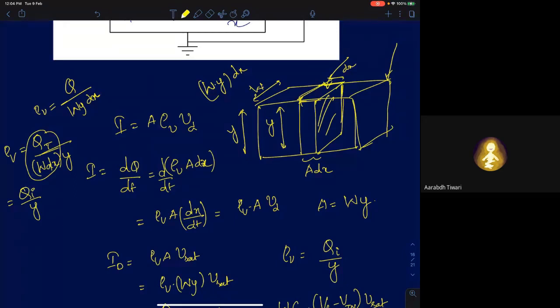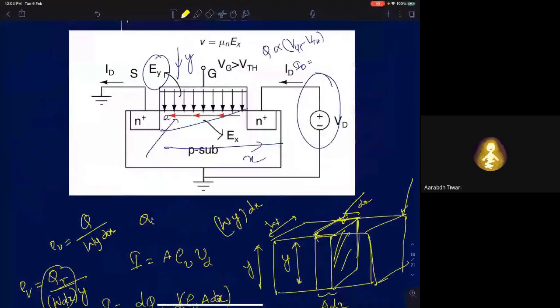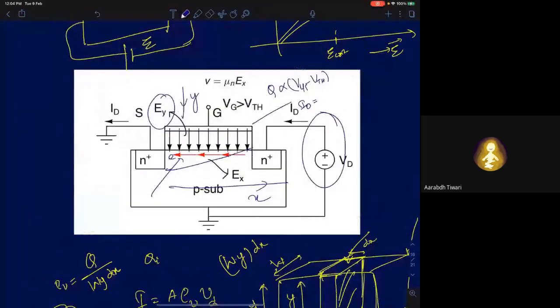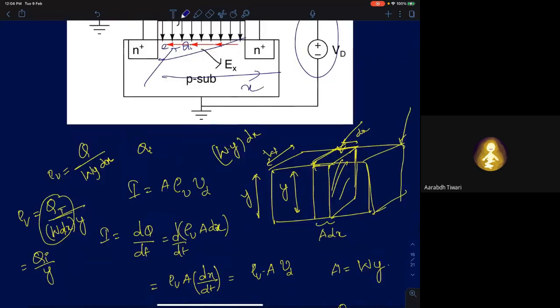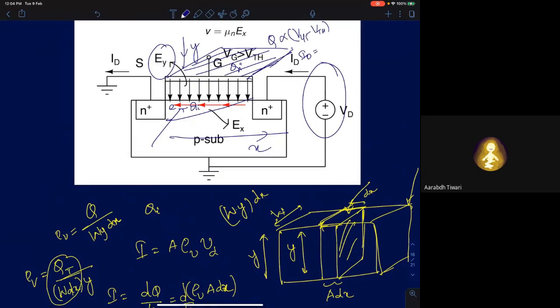Now what is the surface charge? When I write Qi, I am referring to the surface charge. Keep in mind, this is your gate voltage. Whatever charge Qi is present here, you will have minus of Qi present in this region. To get the surface charge, that will be nothing but the charge stored on this area, divided by the cross sectional area of this region.